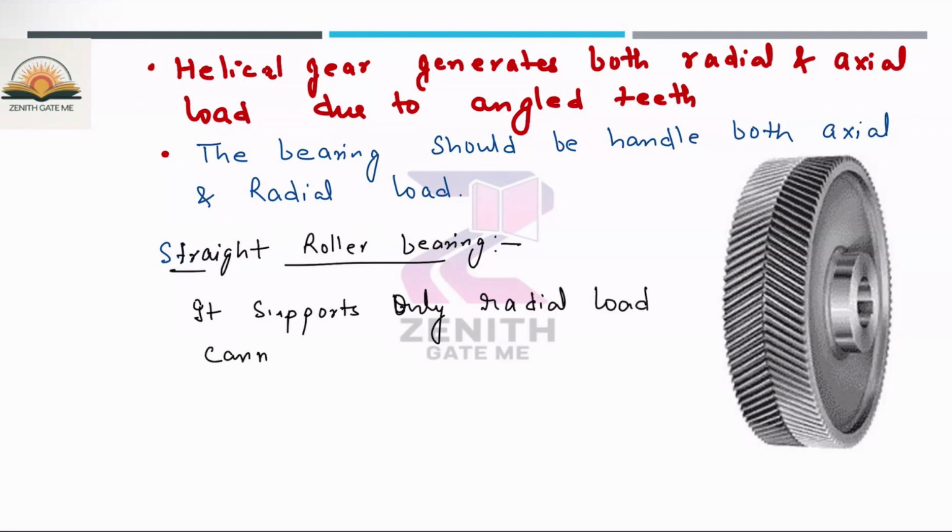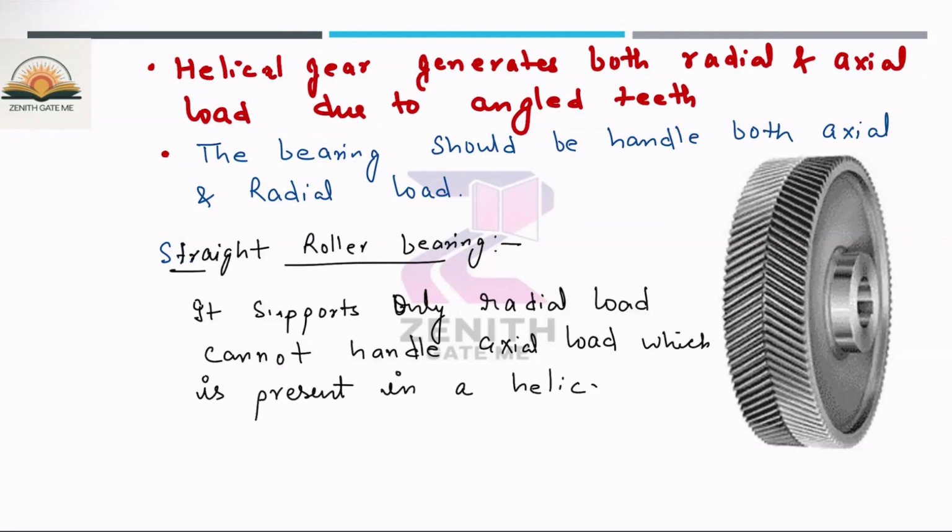It cannot handle axial load, which is present in a helical gear. So what will be the correct answer? The correct answer for this question is option D. Choice D is the correct answer.